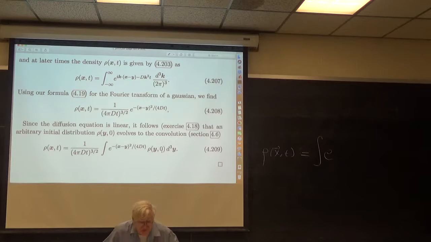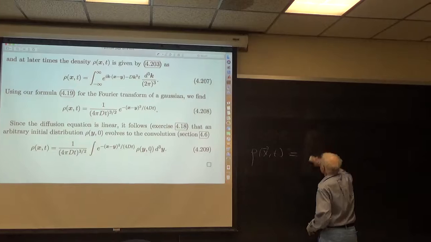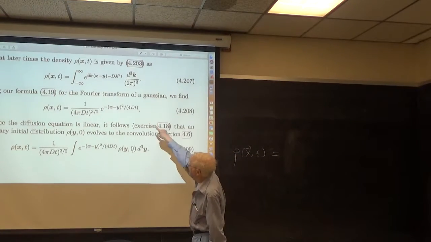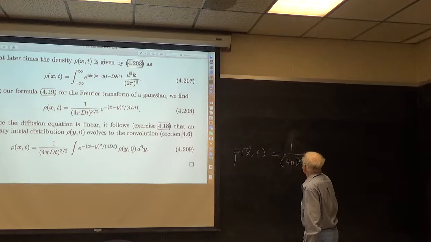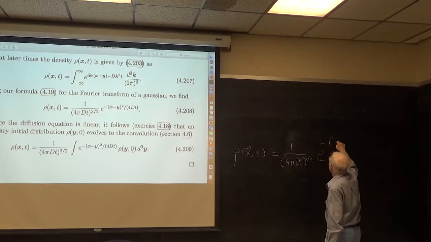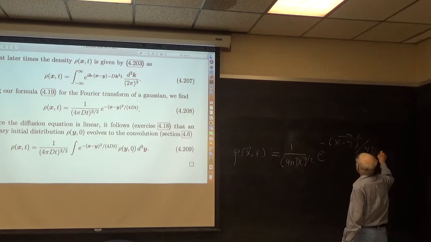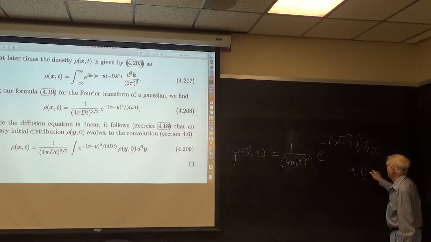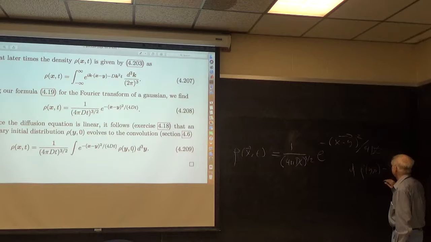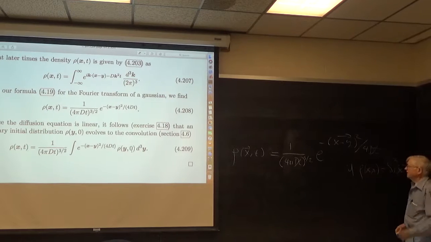So in other words, rho of x and t is 1 over (4 pi Dt) to the 3/2 e to the minus (x minus y) squared over 4Dt, if rho of x and 0 is delta cubed of x minus y.